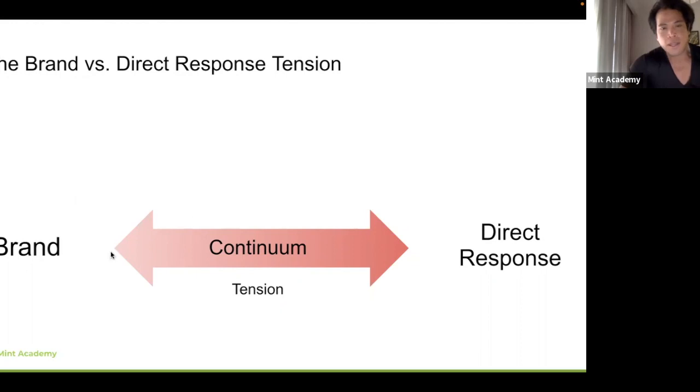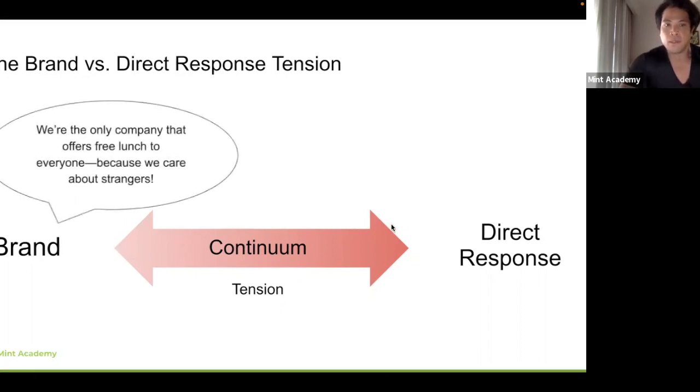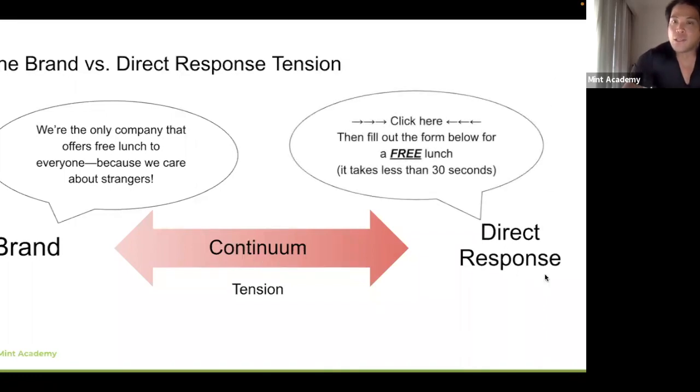If you go the brand route, so the extreme route in this continuum, you'd say we're the only company that offers free lunch to everyone because we care about strangers. If you go the extreme on the other end, you'd say something like this. And this probably looks familiar, right? Like you've probably seen spammy ads that look like this or spammy sites. Click here, then fill out a free form. It takes less than 30 seconds.